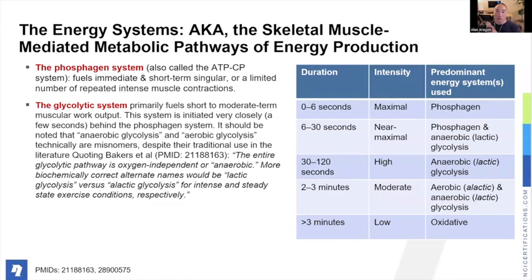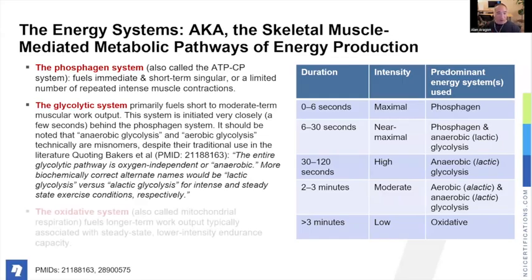So the more intense variant of the glycolytic system involves lactic acid. And then as it gets longer duration, lower intensity, there is less to a significant lack of dependence on lactic acid, and therefore it's the alactic glycolysis system. Those are the two subtypes of the glycolytic system, which fuels high intensity activity lasting about 30 to 120 seconds.